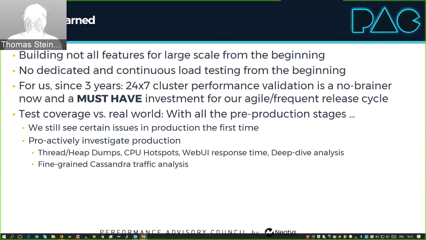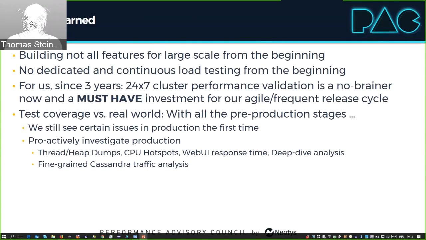One thing with testing is, of course, always test coverage, and we are simulating things, so not real agents, but simulated agents which more or less behave like real agents, but still, it's not the real world. So with all the pre-production stages we have, dev, acceptance, load testing, we still see certain issues in production the first time. That's the real world, and it's really about how to react on that.